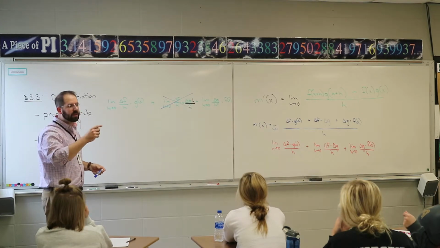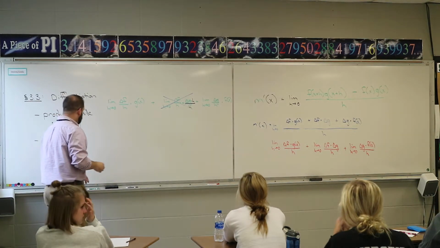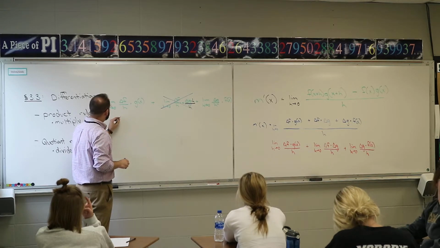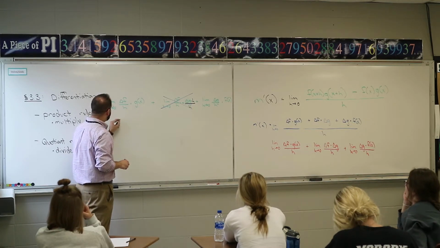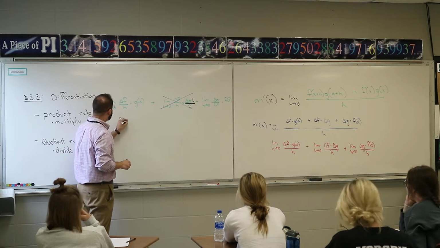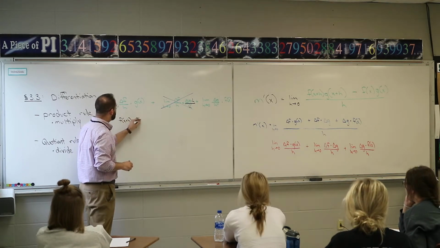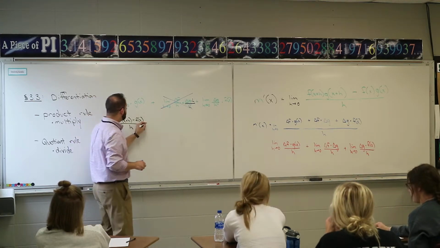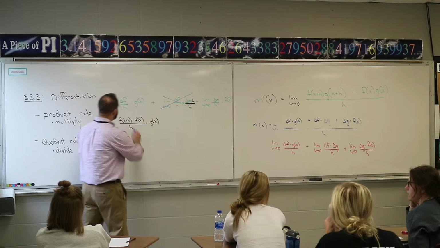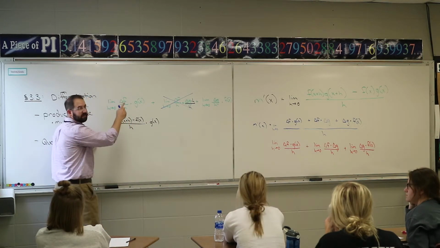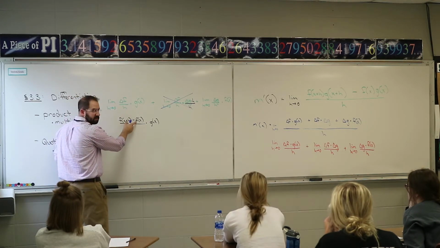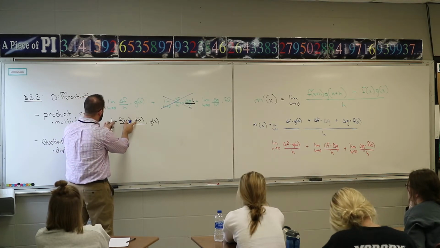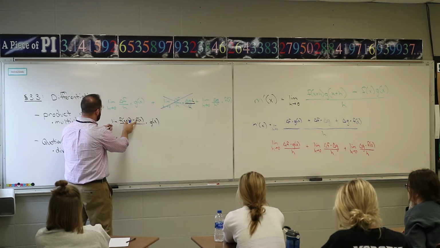Because of the deltas, watch what happens here. What I talked about earlier was this part. This delta of f is f of x plus h minus f of x. That's what the difference in f's is, over h, times g of x. This is the first part we talked about, that the difference in f's is this. And what you're looking at here, this is getting down to my shortcut as h approaches 0.